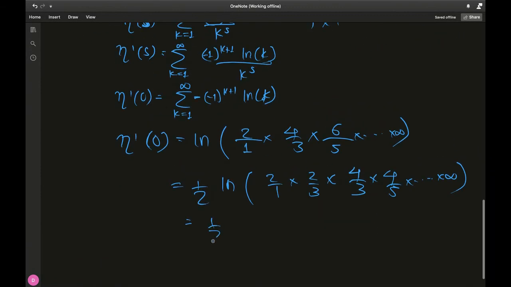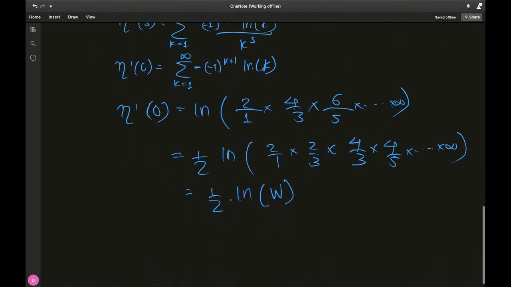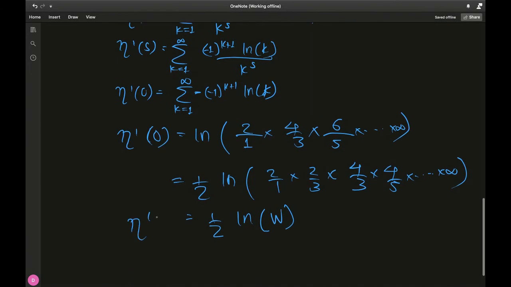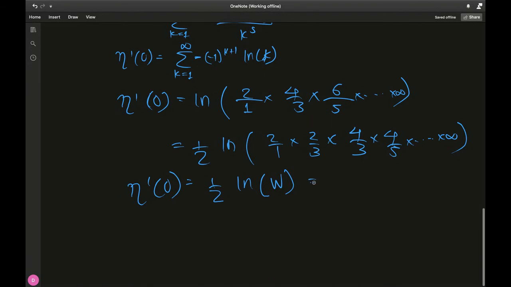And this is precisely the natural log of the Wallis product that we were concerned about. And we already have an expression for Dirichlet eta prime of 0, that is natural log of square root of 2 pi minus natural log of 2.